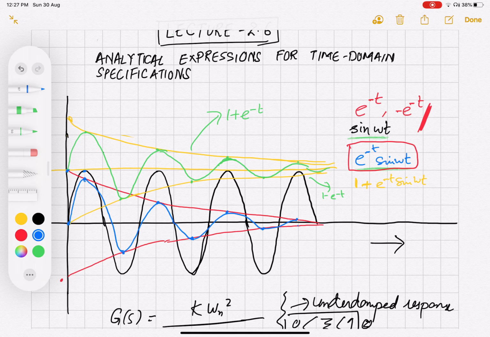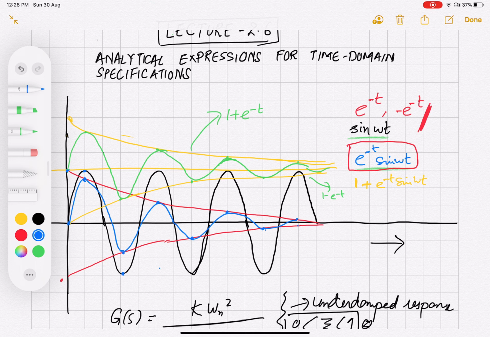And then going down, I have this negative peak here of sine omega t, and I have to find the peak here on the minus e to the power minus t curve, right? So the location of my peaks would remain unchanged. So my peak is here on the sine omega curve. It is here on the e to the power minus t sine omega curve.